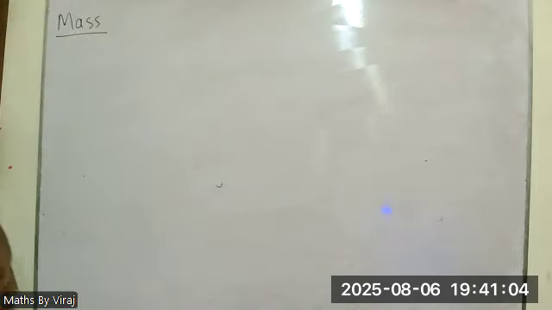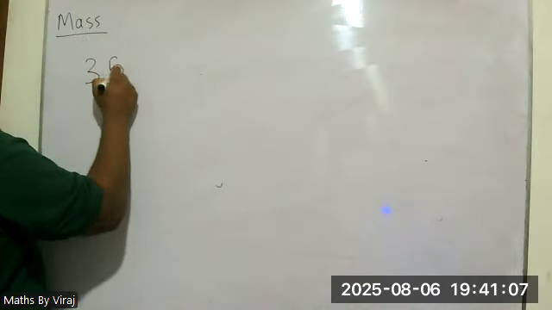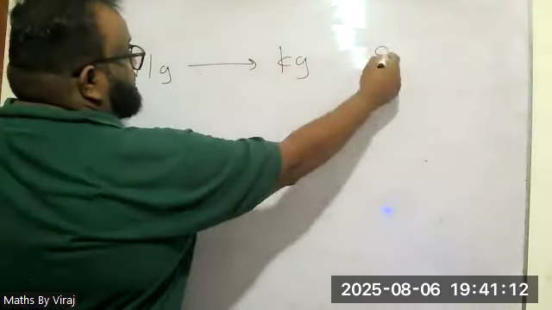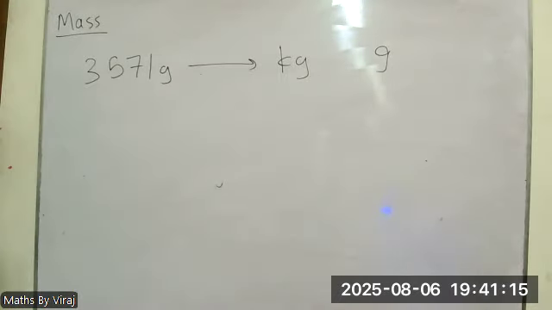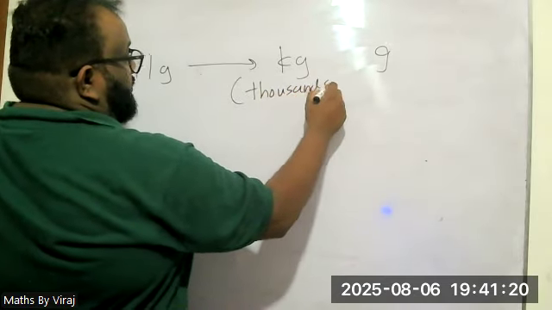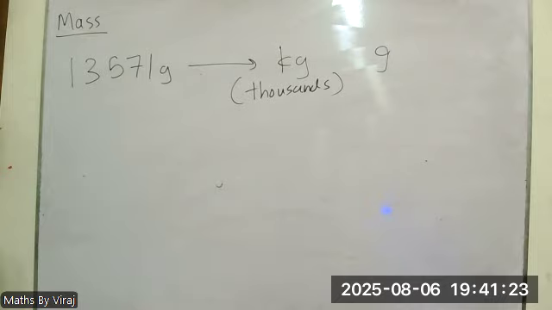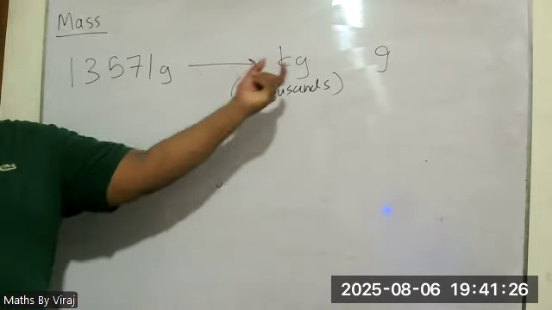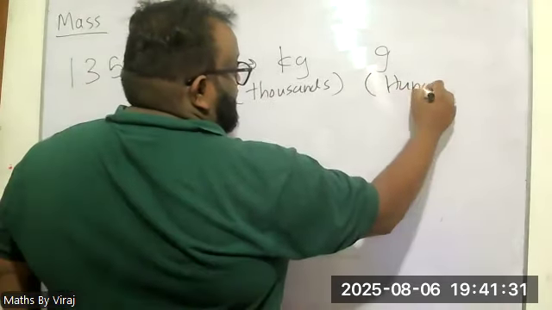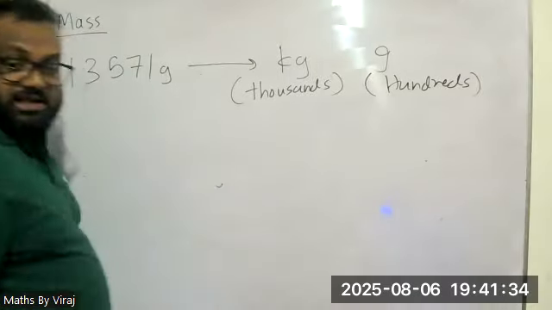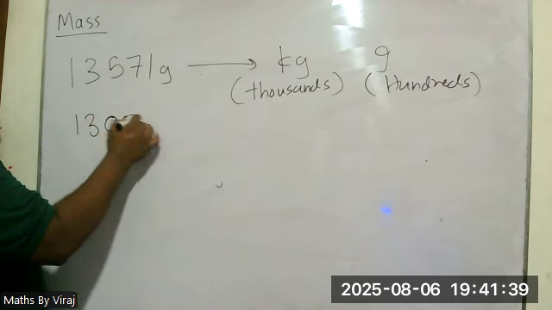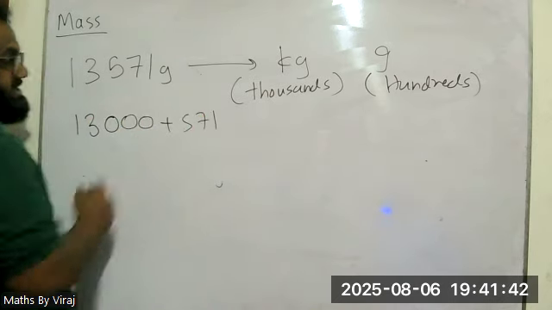Now let's say that I have 13,571 grams. I want to give the answer in again kilograms and grams. In this case, the thousands are for the kilograms and the hundreds are for the grams. Now look at this. This is 13,000 plus 571.